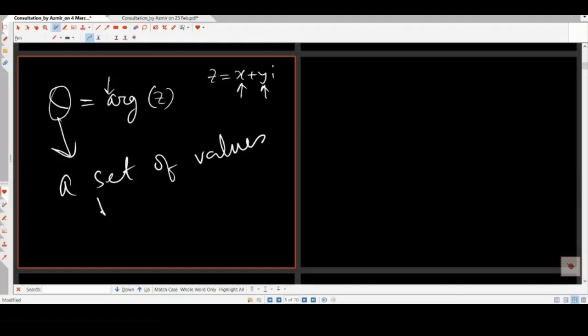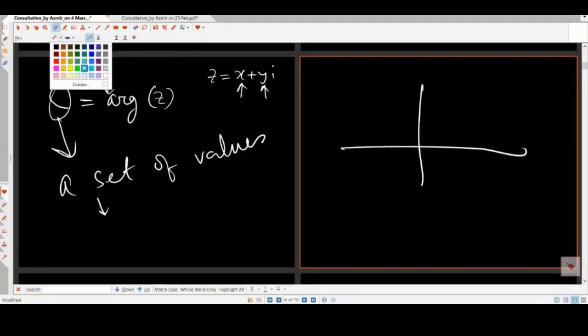That means this set is infinite. We can take any values of argument. So you will understand if I give you the geometrical interpretation. Suppose we have a complex number in the first quadrant.